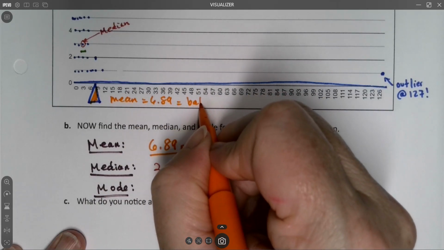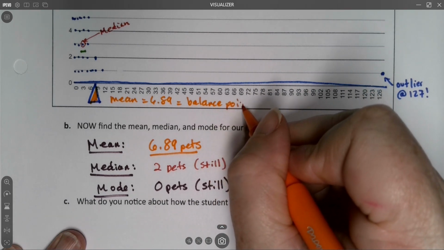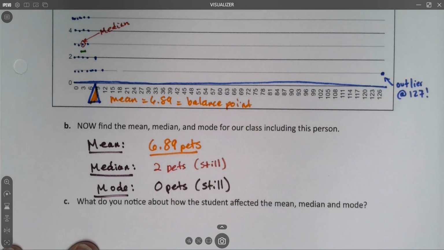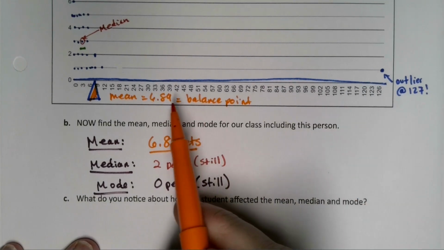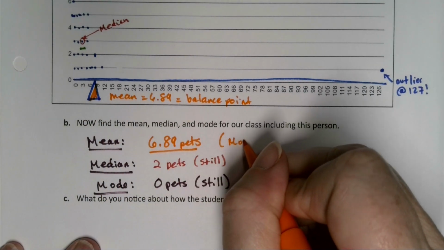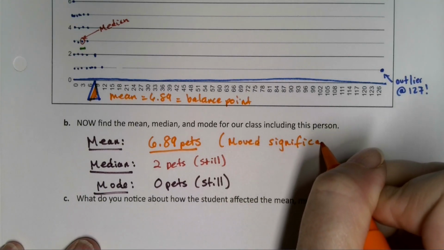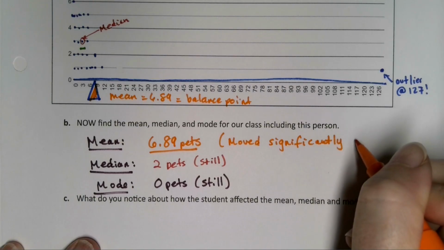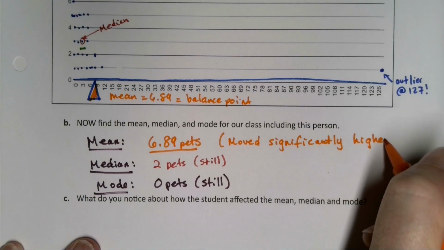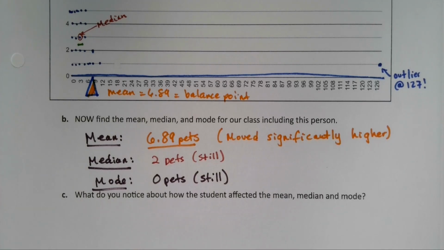It's the balance point. Because we had to go far out to balance that outlier, one that lies far out from the rest of the group, our mean got pulled right. So it has moved significantly higher than it was. The other two stayed the same. Technically the median nudged a little bit, but it didn't matter because it was the same value.